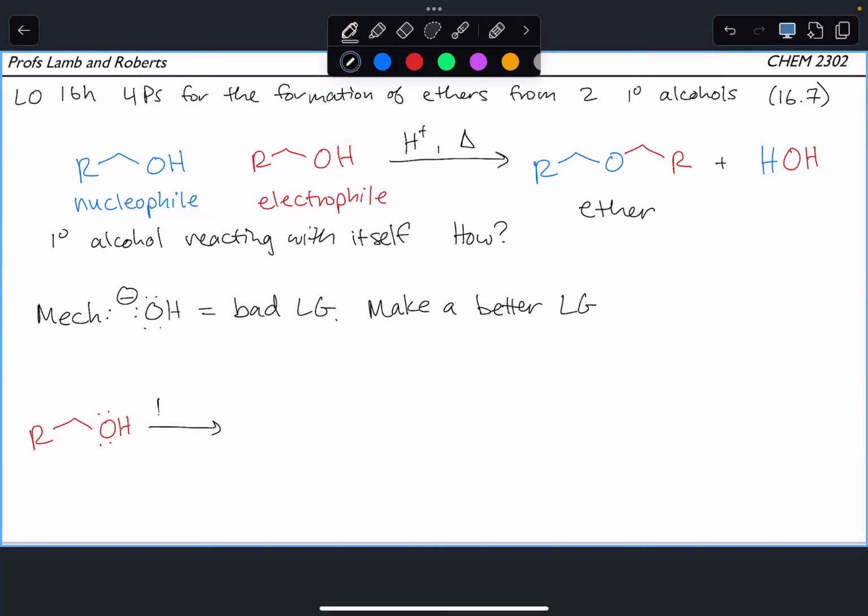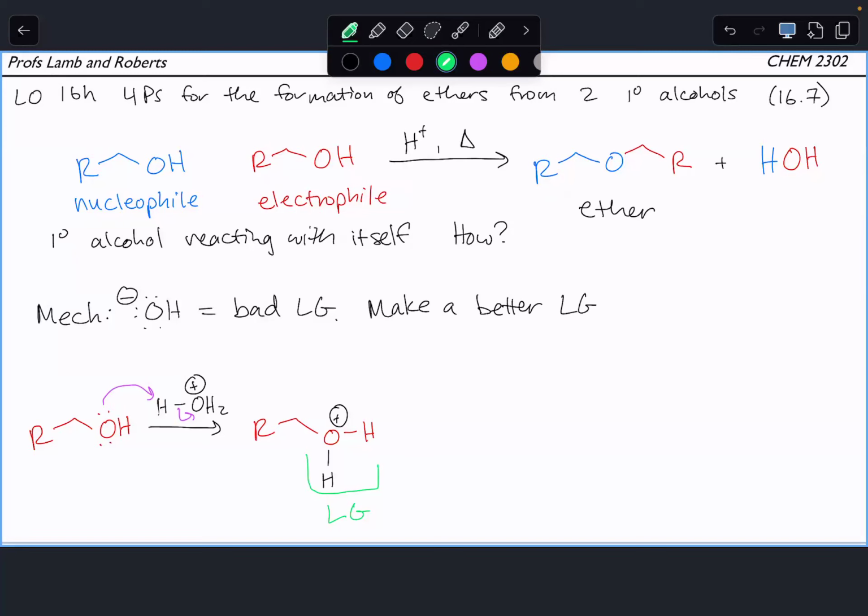So whatever our proton source is, say here's just our acid. This is going to be a proton transfer where we grab a proton from our alcohol. Like so. And by protonating that alcohol, we have now made a much better leaving group.